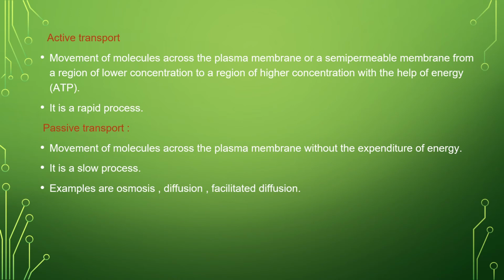Multicellular means many cells, and these cells are surrounded by a membrane. Any multicellular or unicellular cell is surrounded by a membrane called the plasma membrane or cell membrane. And this plasma membrane is a semi-permeable membrane.